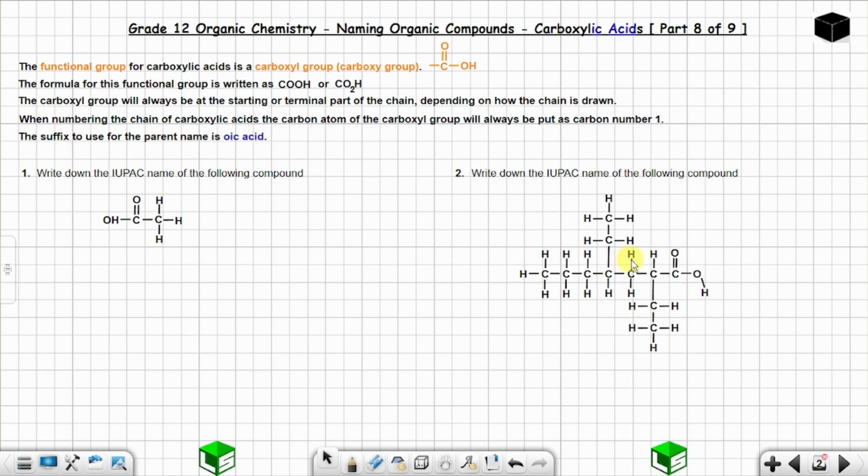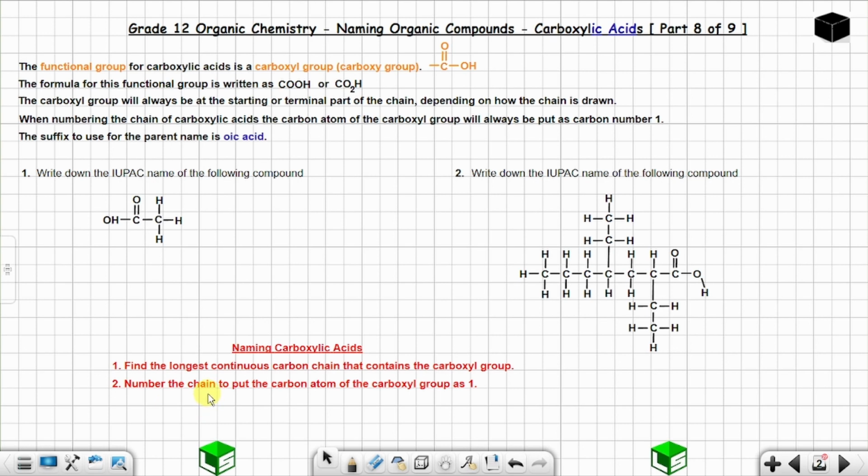The way to name carboxylic acid: 1, find the longest continuous carbon chain that contains the carboxyl group; 2, number the chain to put the carbon atom of the carboxyl group as 1; 3, always name the branches first if branches are present; and 4, name the chain or parent chain last. You are going to use this to name the carboxylic acid.